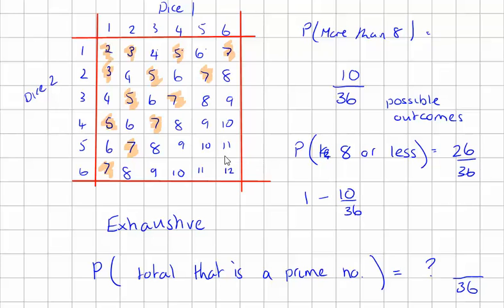Because they think it's all odd numbers. 11 is a prime number. How many? I think it's 15. So we've got 1, 2, 3, 4, 5, 6, 7, 8, 9, 10, 11, 12, 13, 14, 15. So the probability of getting a prime number is 15 out of 36.